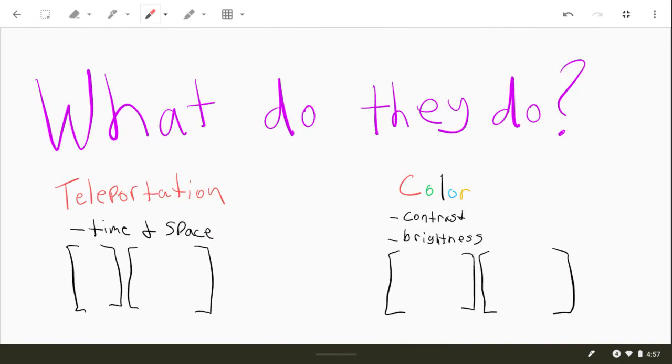They might represent how to rotate something in three-dimensional space, or how to translate something in three-dimensional space. They can represent time. Each entry here might represent a week, a day, or a minute.